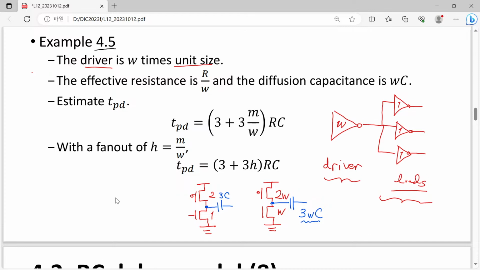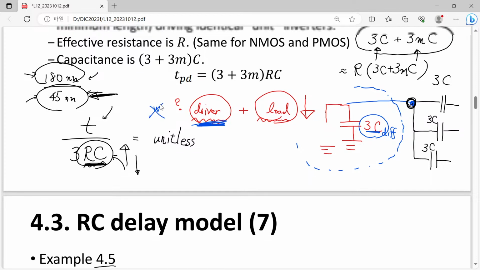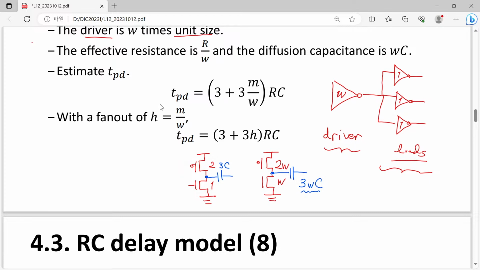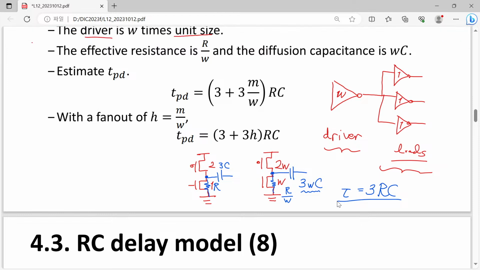However, that does not immediately mean that this driver-related propagation delay is scaled by a factor of W. Because, once again, if we have a wider channel, then the resistance, previously just R, now becomes R over W. So simply speaking, if we calculate the product between its effective resistance and effective capacitance, then it becomes simply 3 times RC. That is an important observation.